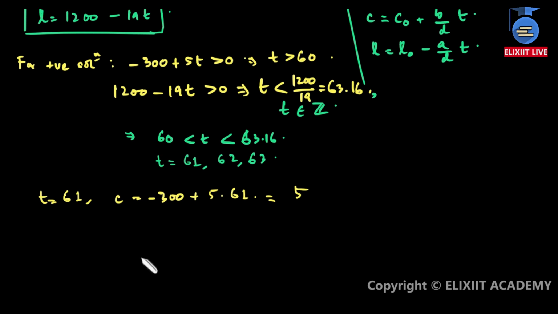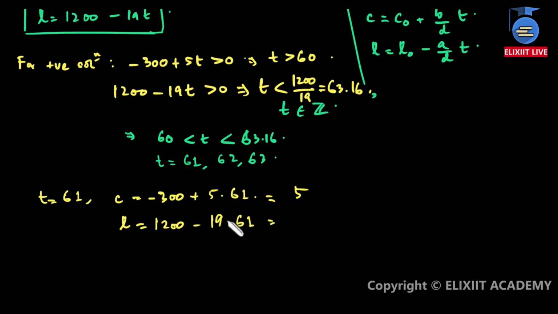Similarly, we can find out L and P as well. L is 1200 minus 19T. We can replace the value of T over here, so T is 61 and 19 into 61.